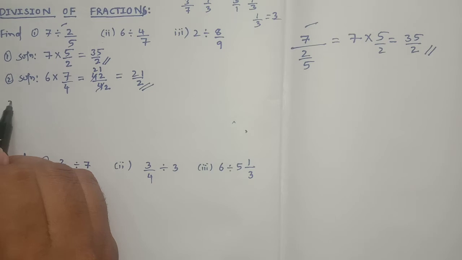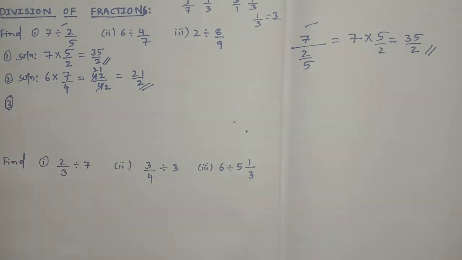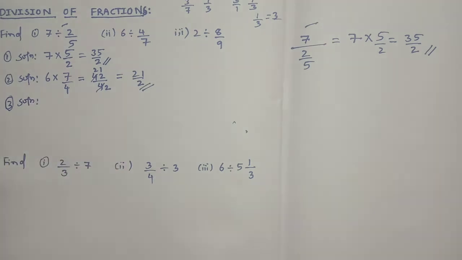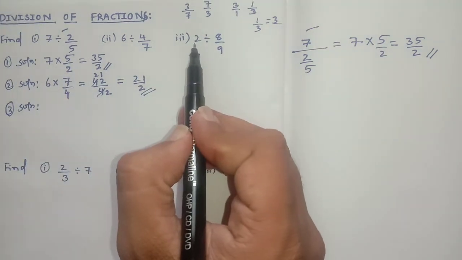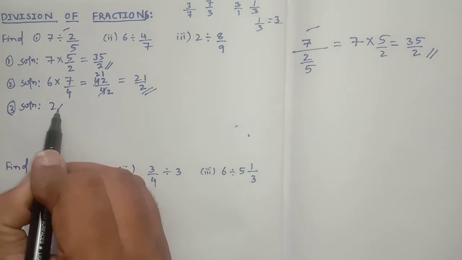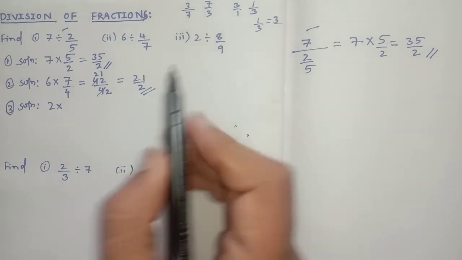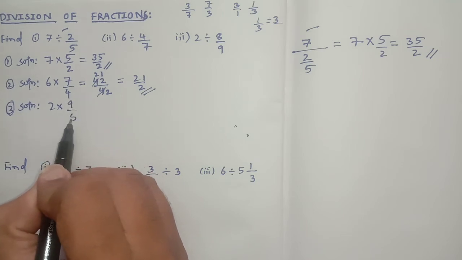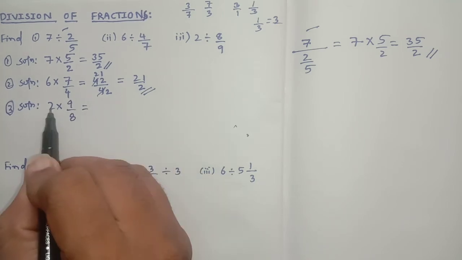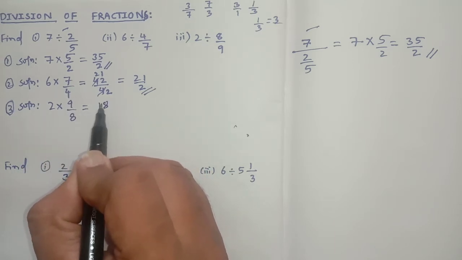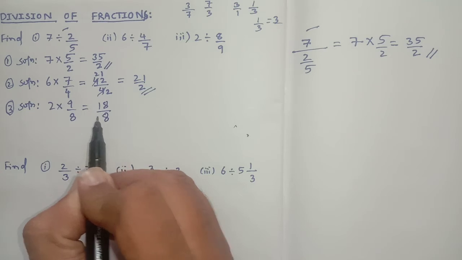Like this, third question, student. Now, solution. This 2 will be as it is, student, into the reciprocal of this number, 8 by 9, which is 9 by 8. 2 9s are 18 divided by 8.